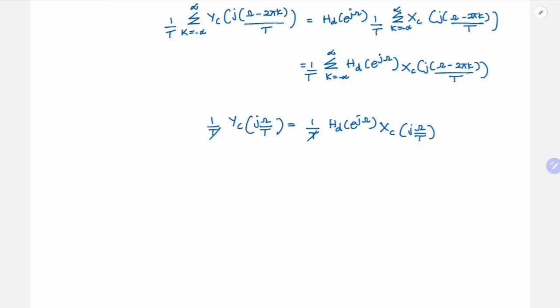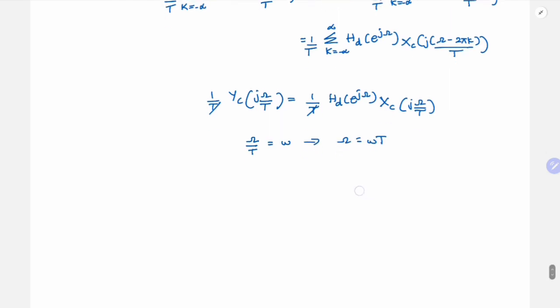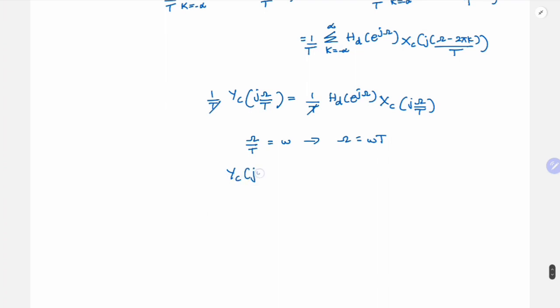I want to get j omega here, so I'll replace omega by T with omega. Omega is equal to small omega into T. So Yc of j omega is equal to Hd of e power j omega T Xc of j omega. So this is nothing but Yc of j omega equal to Hc of j omega Xc of j omega.